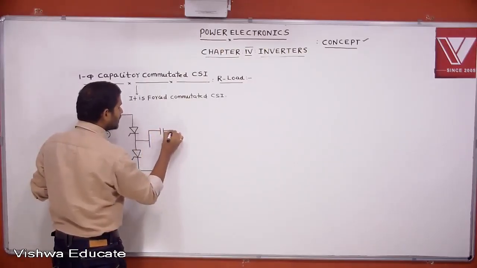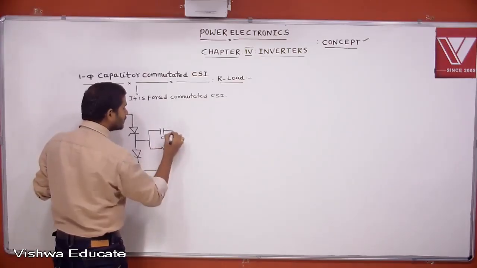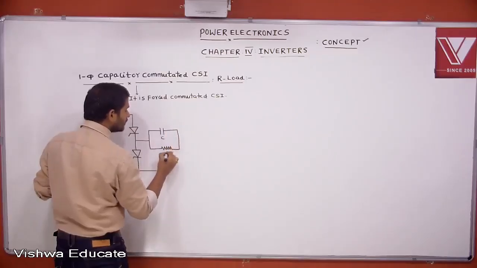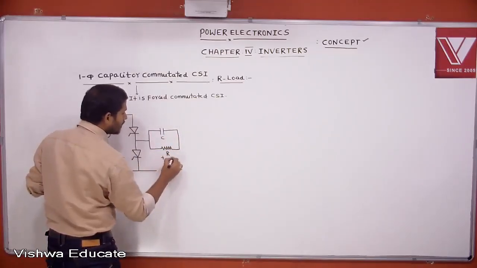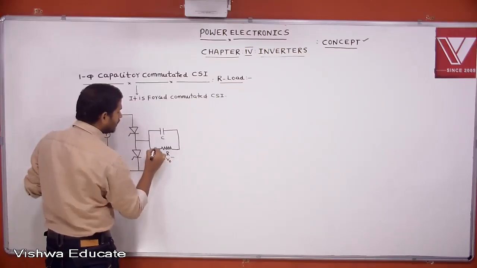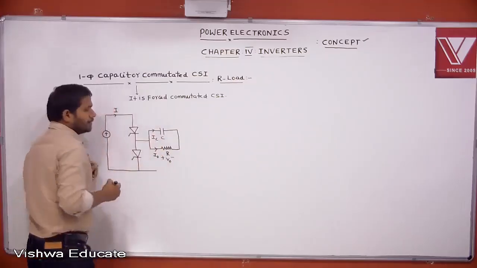Here the capacitor is the commutating element, and R is the load parameter. The voltage across the load is V0, the current through the load is I0, and the current through the capacitor is IC.